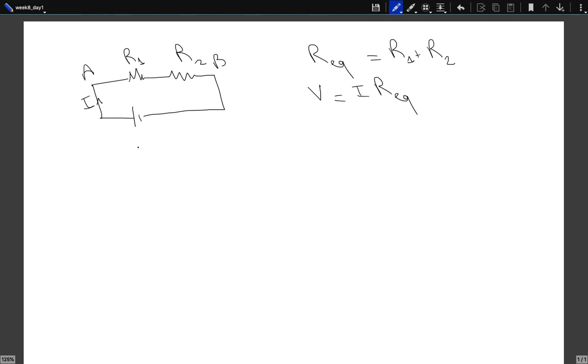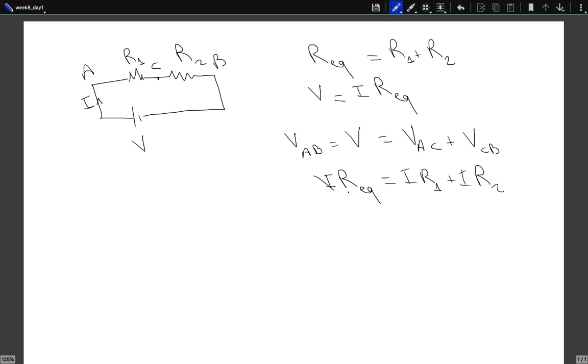Well, we basically said that if you consider the potential difference between A and B, since there is a battery connected, that potential difference is V. But at the same time, the same potential difference can be written as the potential difference between A and C, and the potential difference between C and B. And then we said that V, which is defined as I times R equivalent, should be equal to the potential difference across a resistor, which is just the current times the resistance, I times R1 plus I times R2.